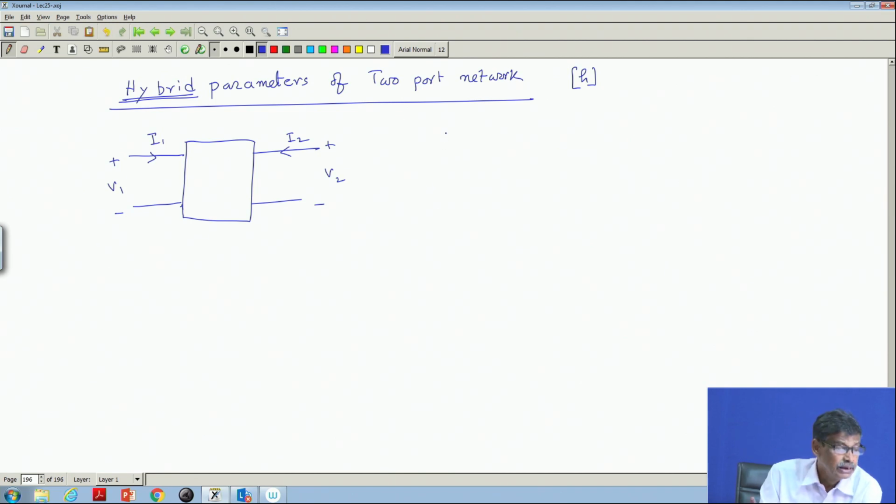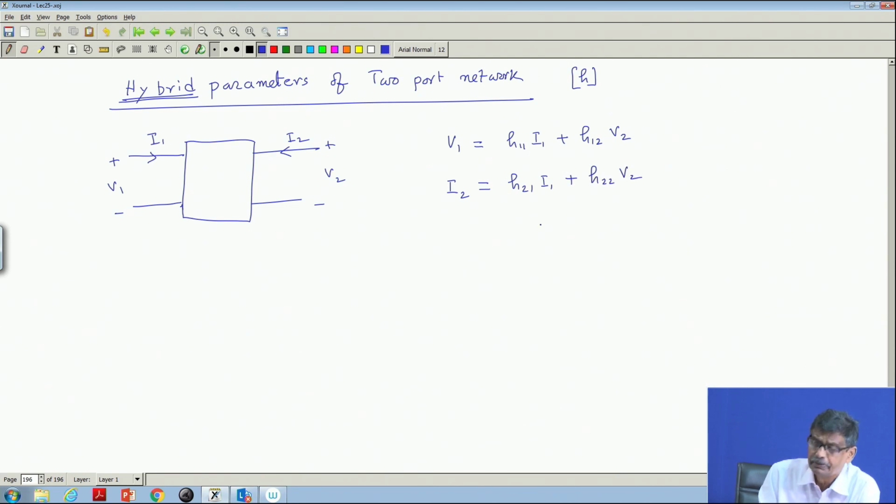If we try to write down these quantities, that is, I will express V 1 as a function of I 1 and V 2. And this is H 2 1 I 1 plus H 2 2 V 2.